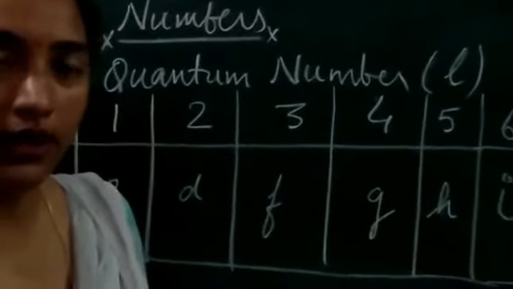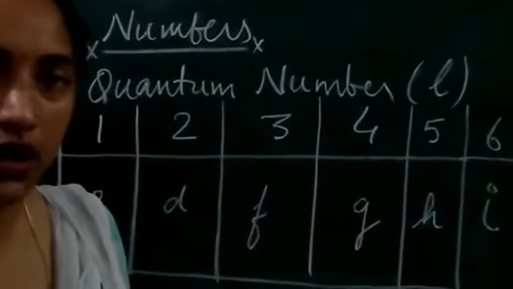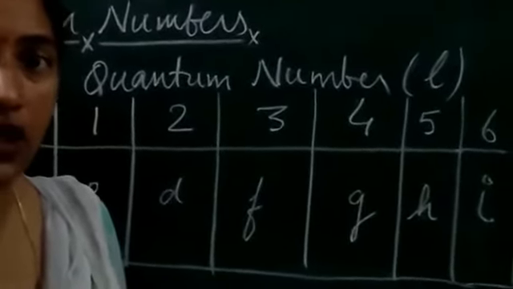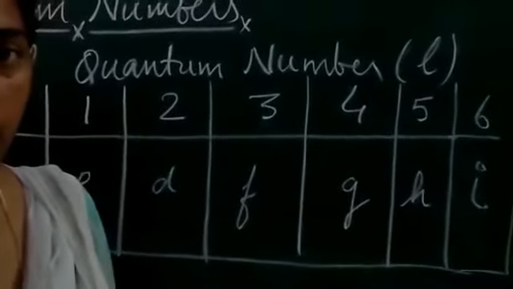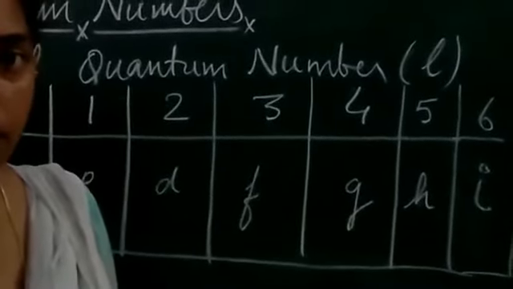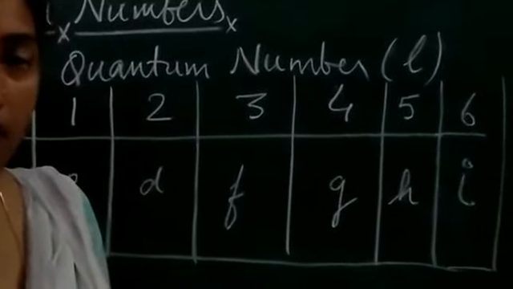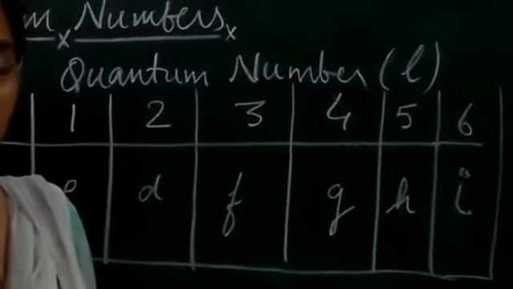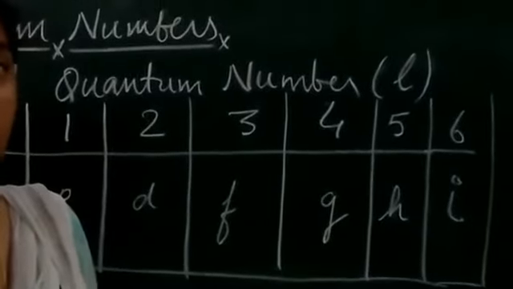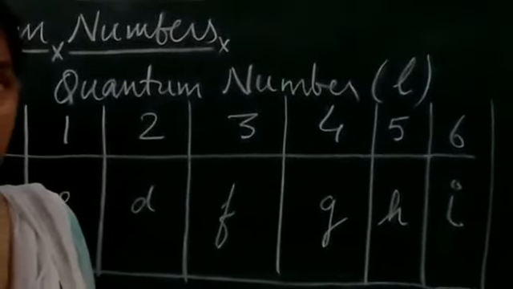The azimuthal quantum number gives us the shape of the atomic orbitals in which the electrons are present, right? So we have come to know that for every shell, whose value is n, we will have the same number of subshells associated with it, right?